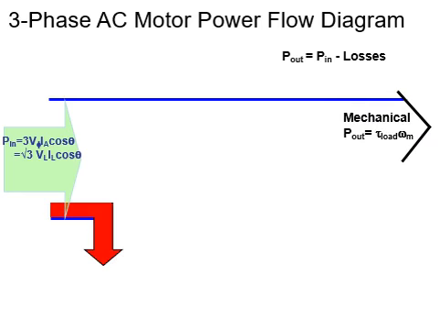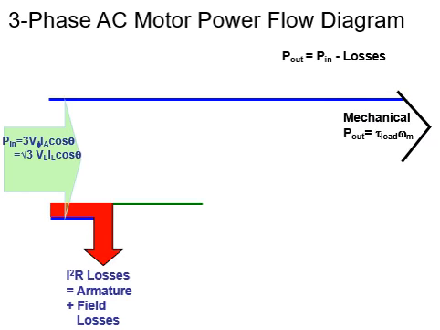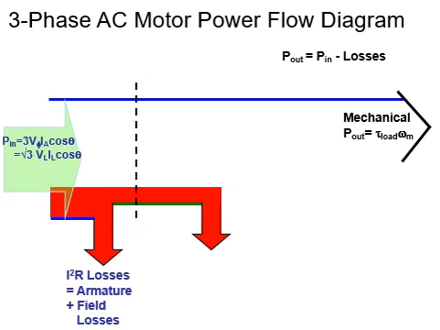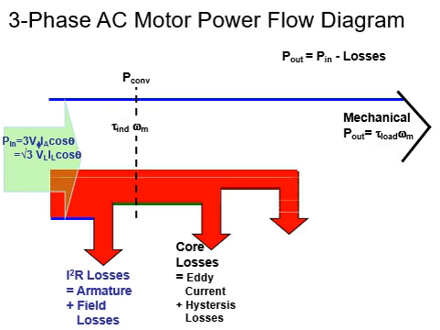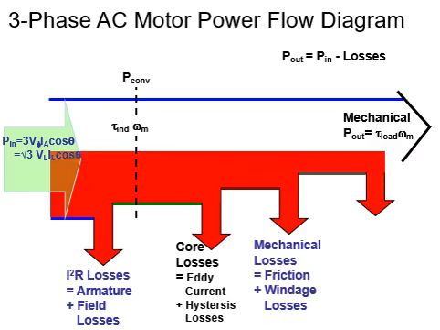In this case, the electric power is provided at the input and it is converted at this point, and after conversion from electric to mechanical power, still there would be some losses which are experienced over here in the form of core losses, mechanical losses and stray losses, after which the remaining power would reach the output in the form of mechanical power.